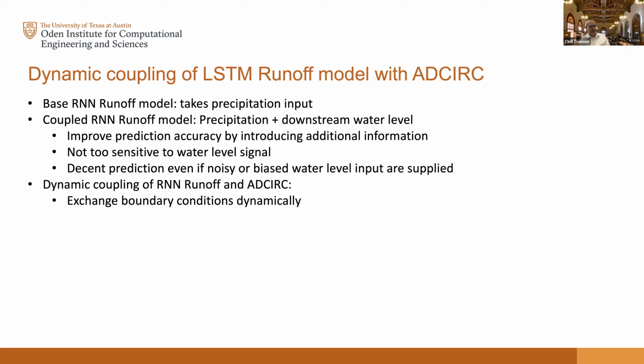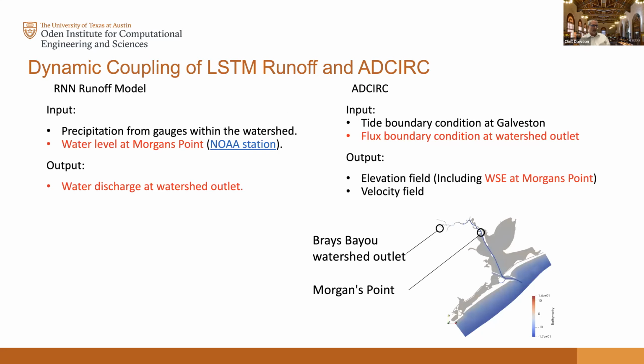The neural network is running more or less in real time, and we're using downstream boundary conditions from ADCIRC to feed back into the neural network, updating it. Again, the input into the RNN is precipitation from gauges and the water level at Morgan's Point, which we can get from ADCIRC.